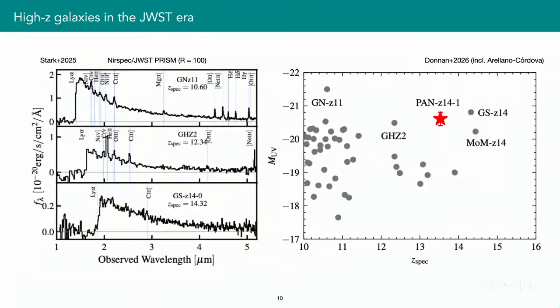But there is more. JWST is providing all this information. Here is one of the galaxies, GN-z11, that is very famous now in the community, overall in the chemical abundance community. You see now this spectrum, this is in the UV, all these emission lines for carbon, nitrogen, and very high ionization lines.